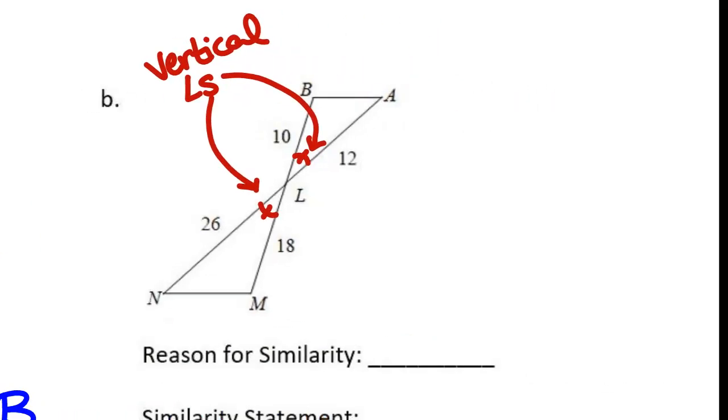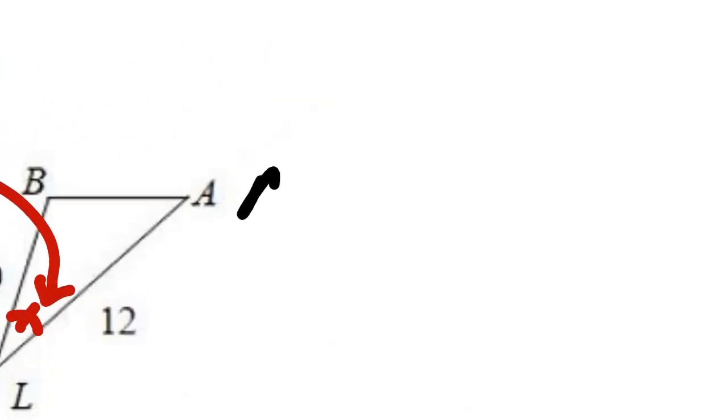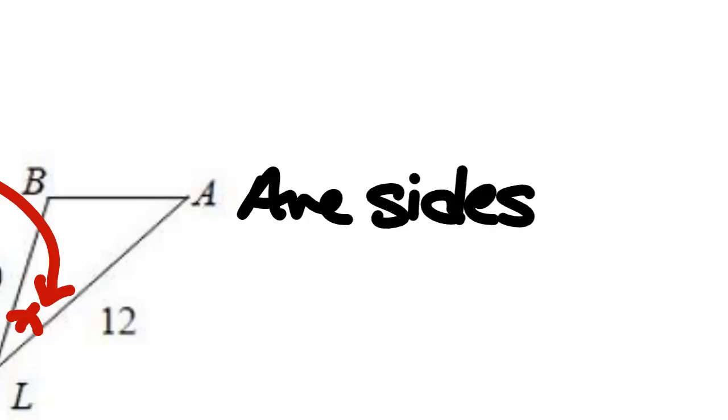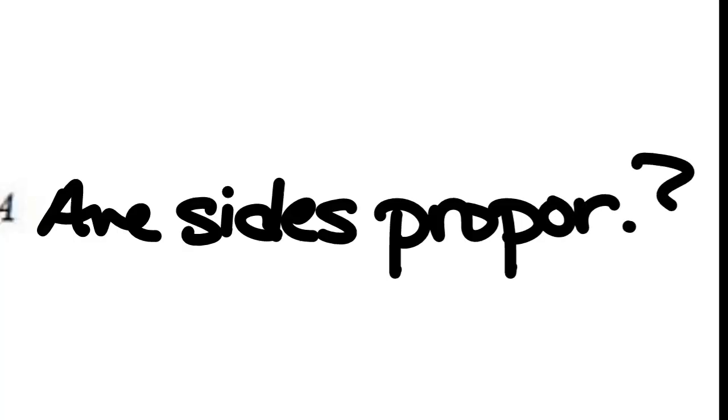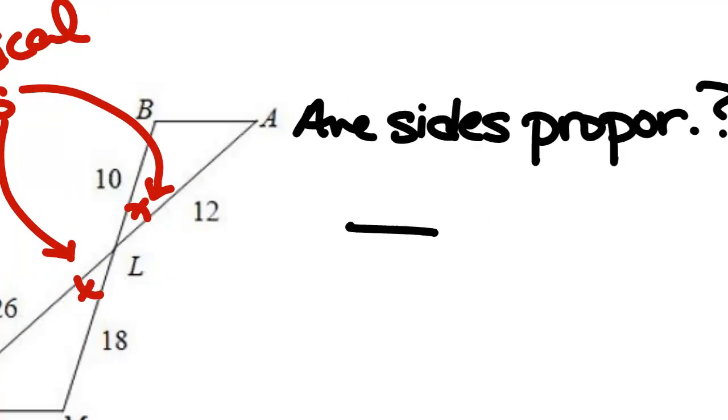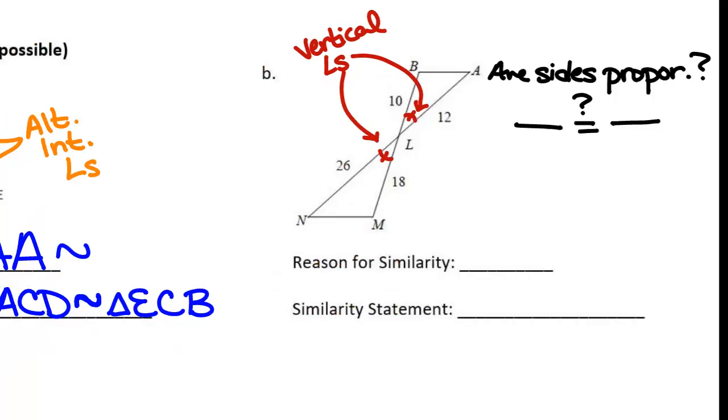So now I have to check to see, are the sides proportional? So I need to know, is one fraction equal to the other fraction? And we have to match up our proportional pieces, or the pieces that we think are proportional.